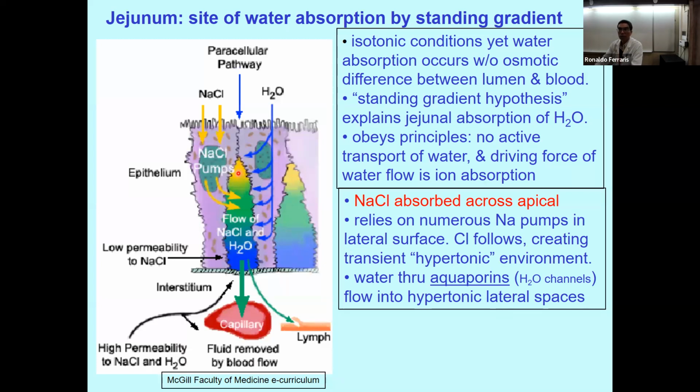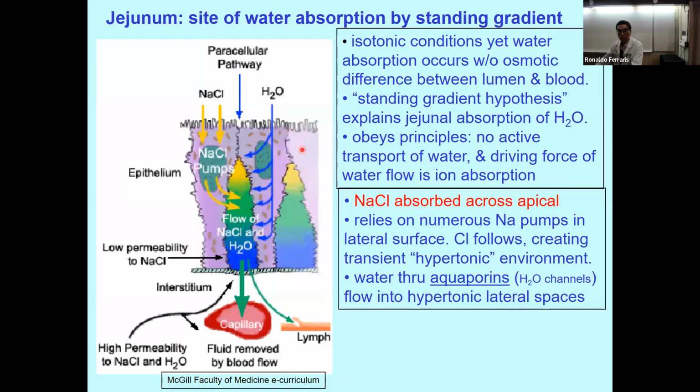So now you have something hypertonic. And because it's hypertonic, water is attracted to this hypertonic area, and it goes through aquaporins in the apical membrane and aquaporins in the basolateral membrane.